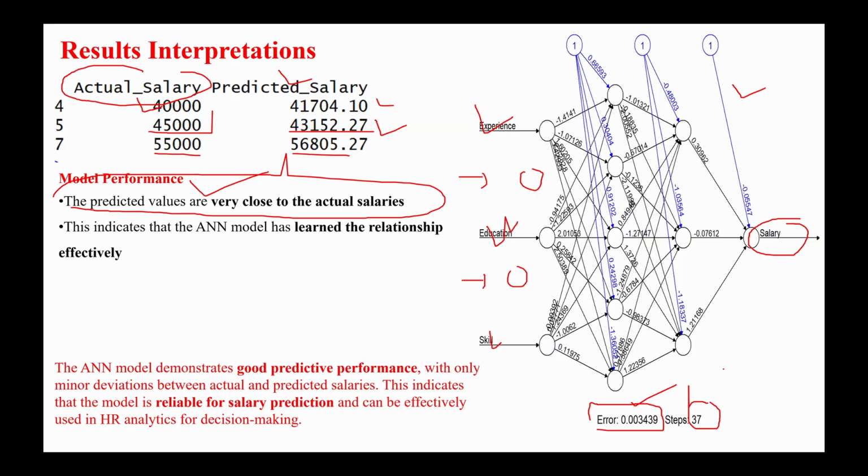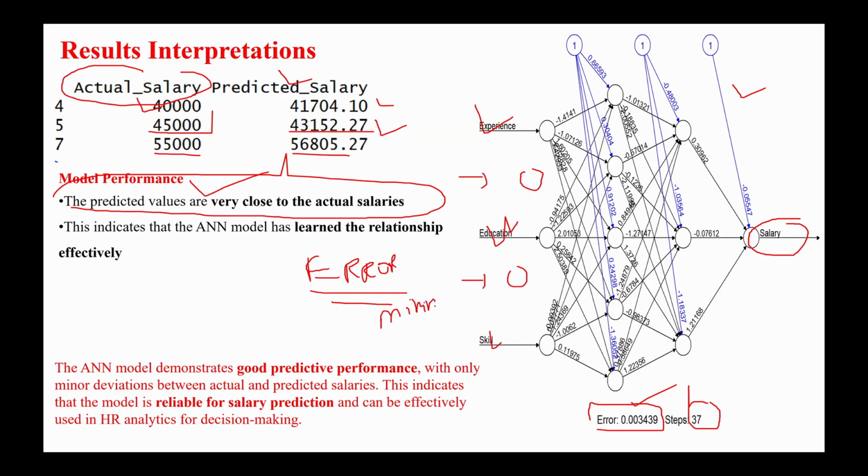So as analysts, we can say that this ANN model demonstrates good predictive performance with only minor deviation, and this minor deviation is always acceptable. Now you can see error is always there. I always tell you, in every program, every model in machine learning, error must be there, but error should be minimized.